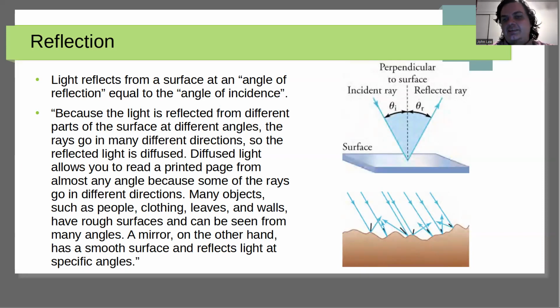If you look at the bottom right-hand corner, you'll see a diagram showing what happens when the rays hit a rough object. They're still reflected at the same angle as the angle of incidence. It's just that the normal, the line pointing perpendicularly out of the surface, is changing so much over the course of the object that the light just scatters around, and this is called diffuse light.